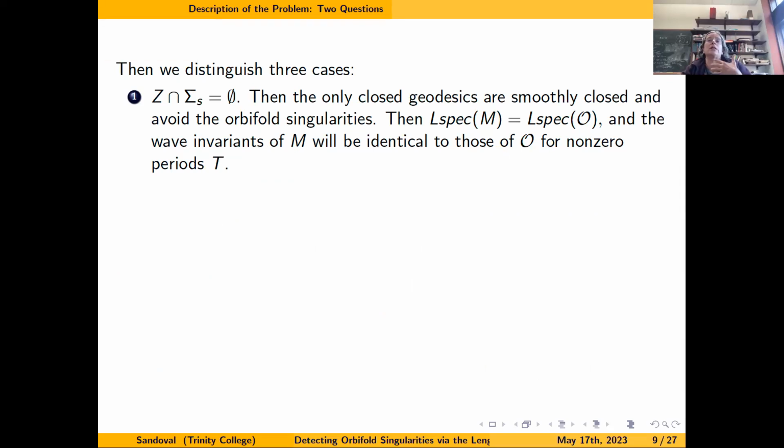That would mean every closed geodesic avoids every singularity. In that case, the length spectra are going to be the same for the covering manifold, for the very good orbifold, and the orbifold itself. You get nothing new. And if you were to compute, say, the wave invariants, which is what I'd like to do, they would be identical for those two situations. So that's something we can't detect.